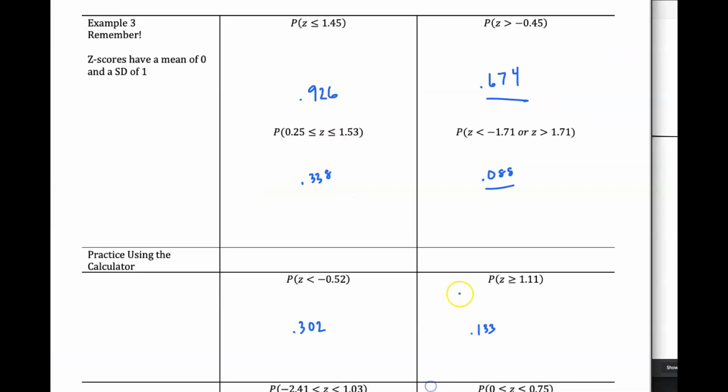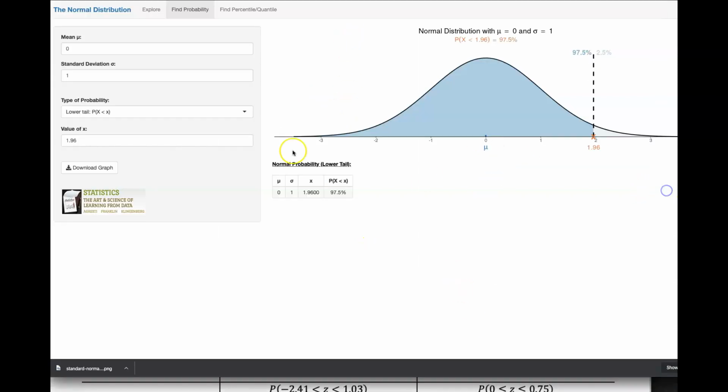For that first one, we wanted less than or equal to 1.45, so we're going to use the lower x value, 1.45. And that's it. You see the answer here, as a percent versus a relative frequency. In continuous random variables, it doesn't matter whether it's less than or equal to or just less than. That's a more mathematical idea, so don't worry about that notation.